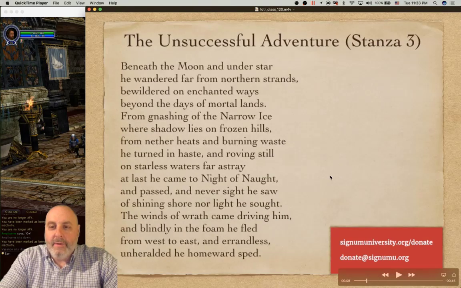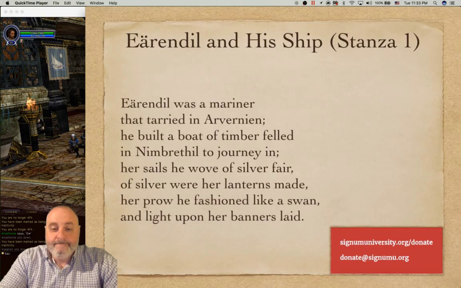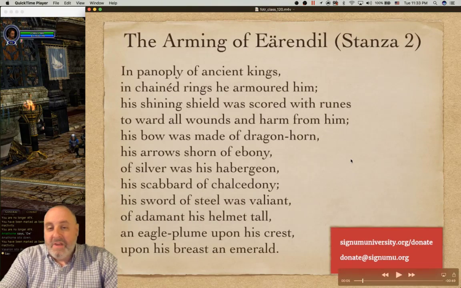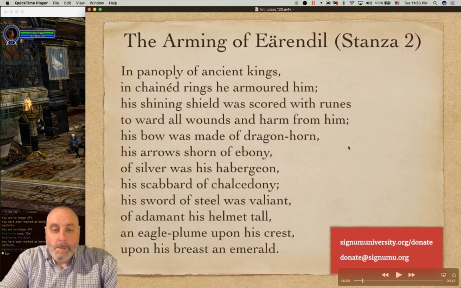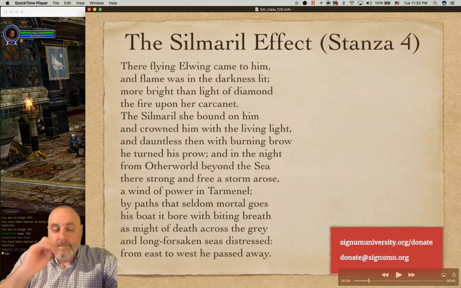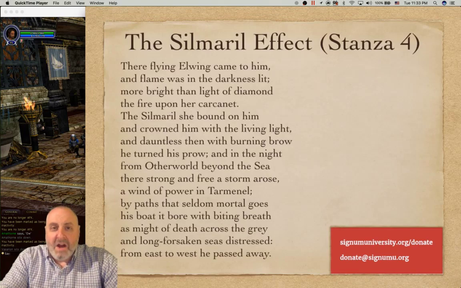What are we told about Earendil at the beginning? He's a mariner. Here we go. He's got the panoply of ancient kings. We got nothing. Nor about Elwing. Other than that she could fly, which is a little unusual.